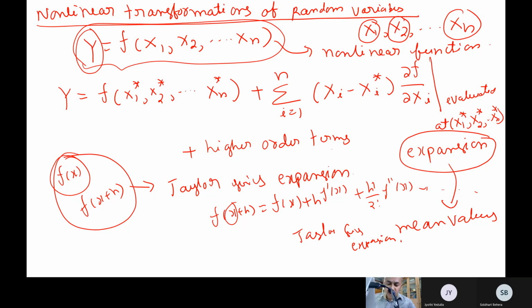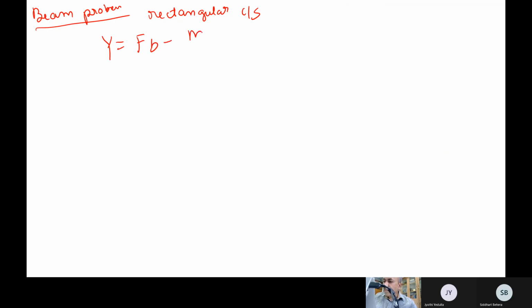For example, we will see the same beam problem. As already said, the performance function for a rectangular beam: we have a beam with a rectangular cross section. So Y is fb minus M by S, the section modulus.